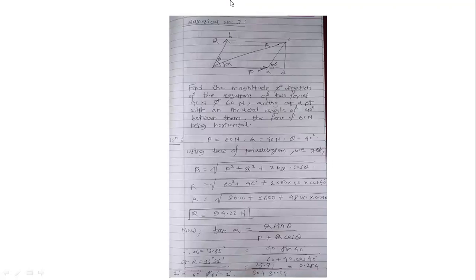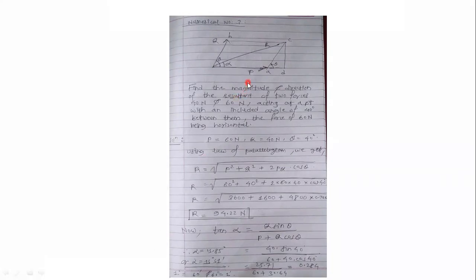Now after that, here you can see we are also having one numerical, and as I have already told you, you must have a calculator with you, a notebook and a pen with you. For this numerical, we have already solved some numericals, and this is our numerical number 3.